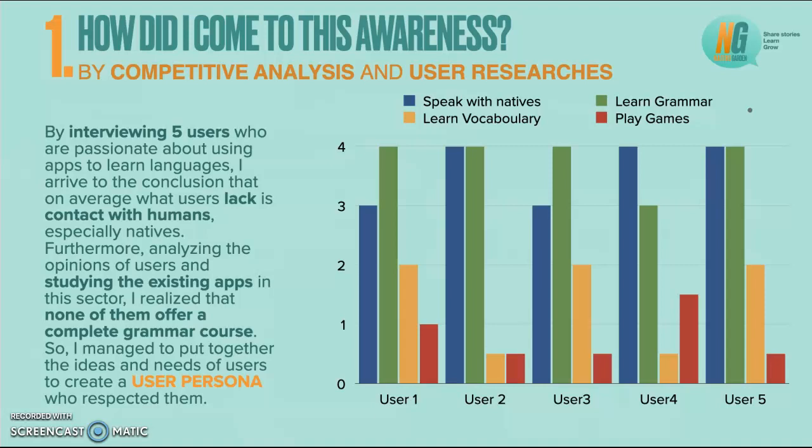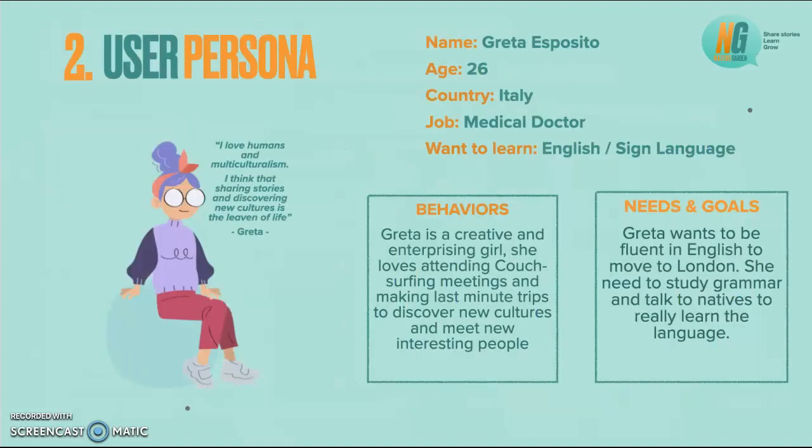So based on this research, I created a user persona. My user persona is Greta Esposito, a Neapolitan girl, a medical doctor who wants to move to London to practice her job. She loves London because she is a really curious person.